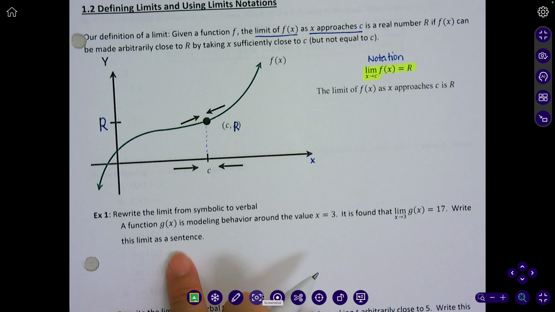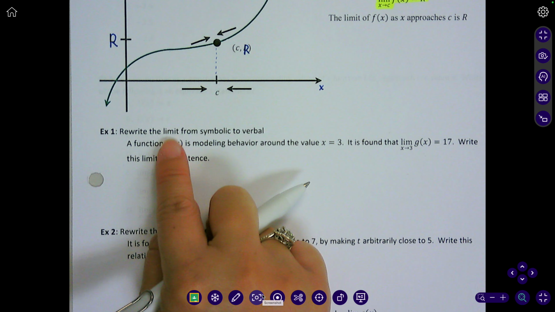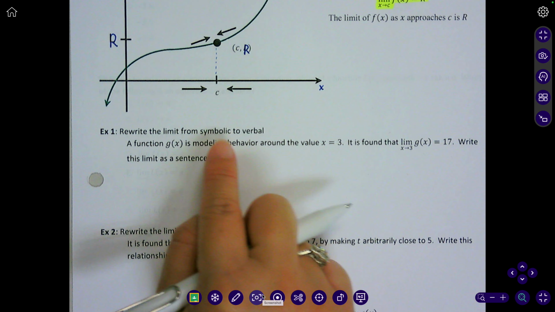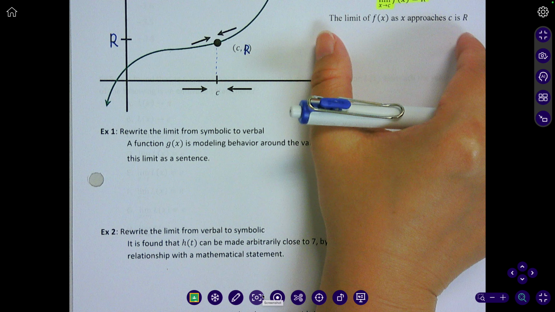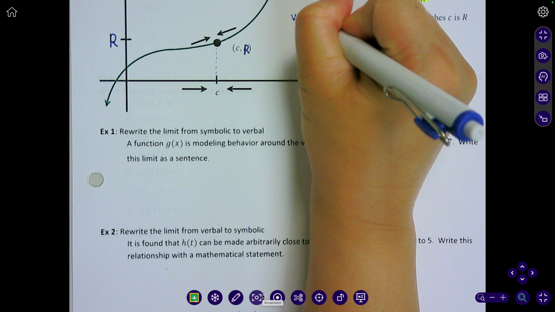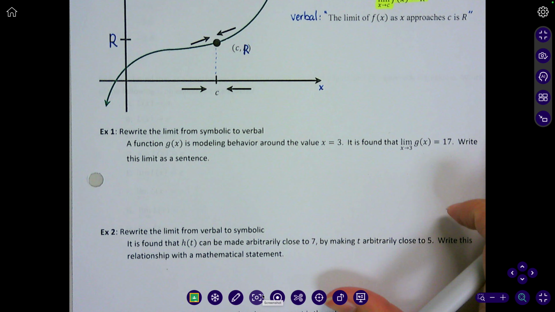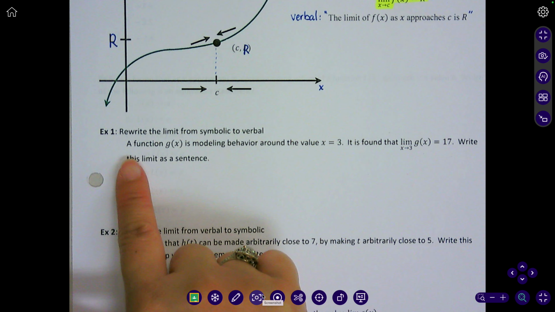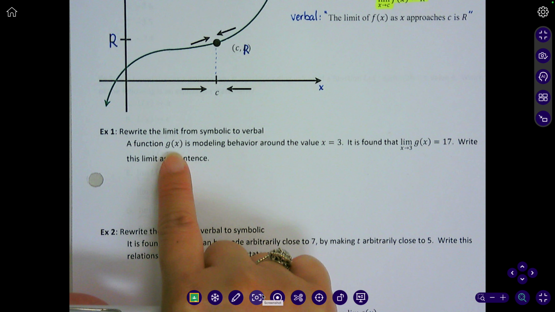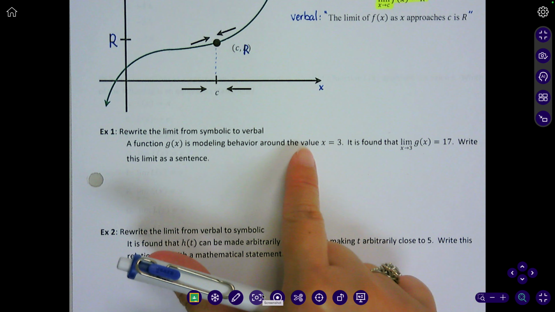We're going to use an example so you can see what it means. Example 1: I want to rewrite the limit from symbolic to verbal. Verbal is this one right here. It says the function g of x, and that's your y, is modeling behavior around the value of x equal to 3.